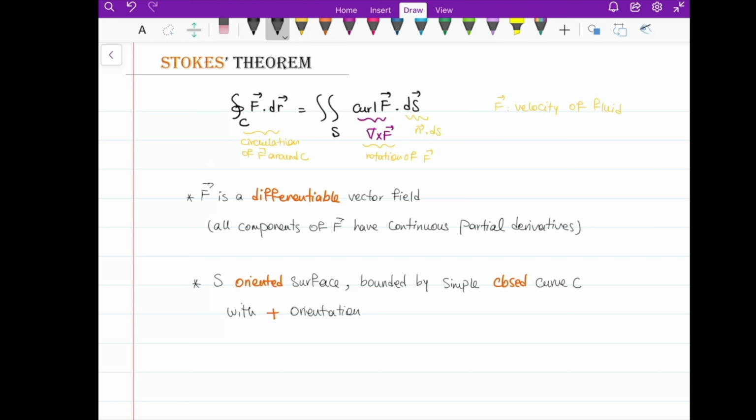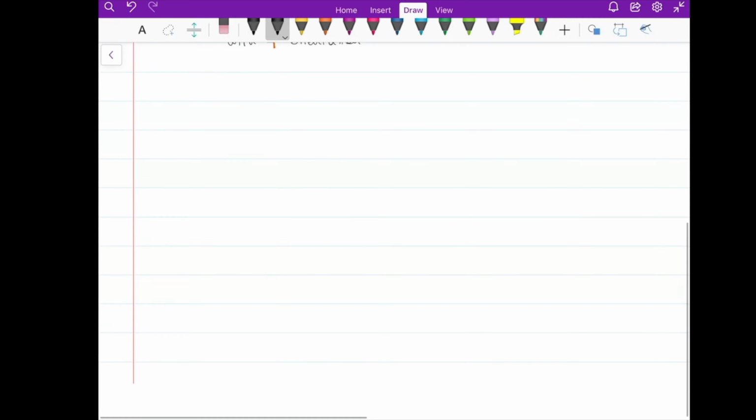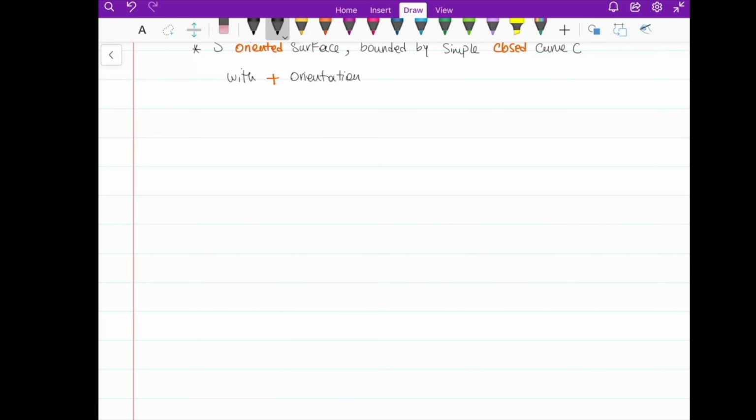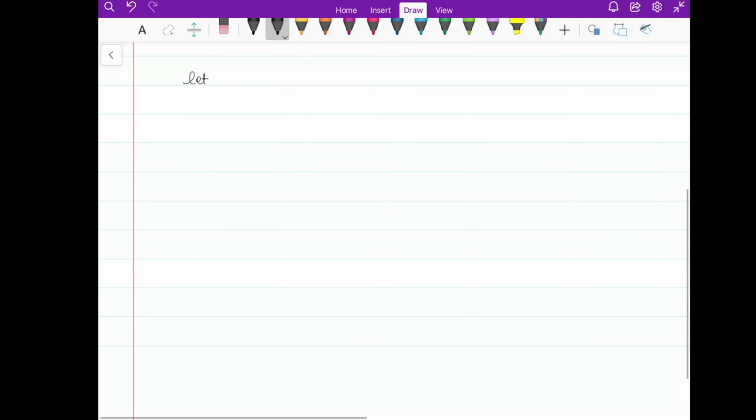Okay, so now let's talk about the positive orientation. What do I mean by the positive orientation here? So let S be an oriented surface with the boundary curve C. So we have something like that.